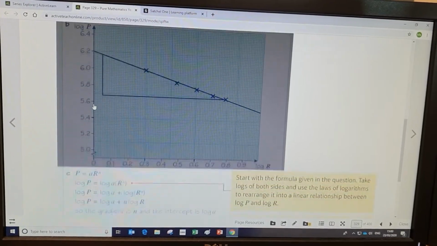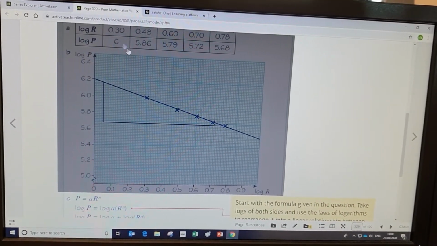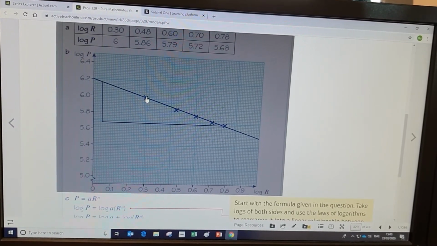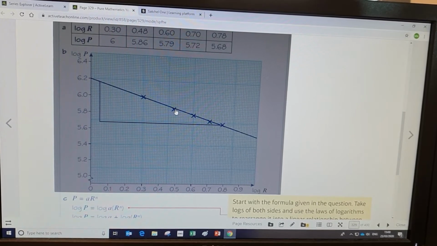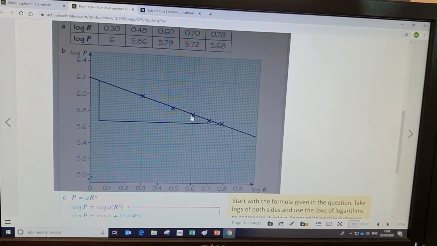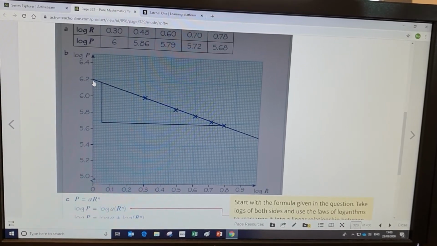So we've got log P against log R, and we're just going to plot each of these coordinates. So we've got 0.3 against 6. I've got 0.48 against 5.86, and so on and so on, and then a line of best fit has been drawn.